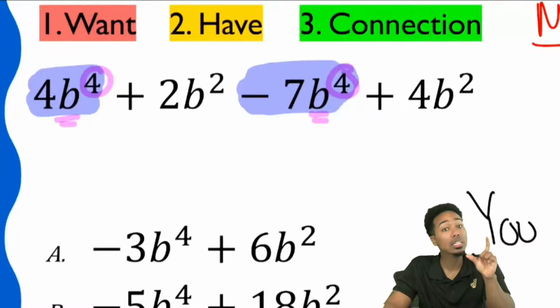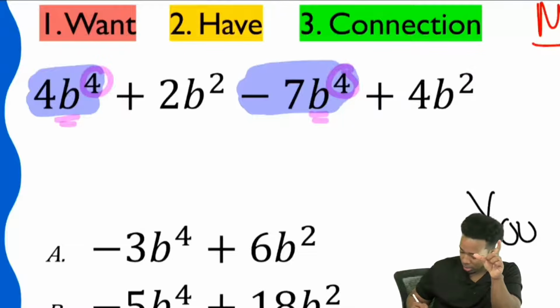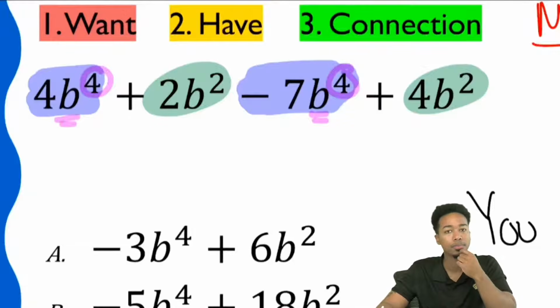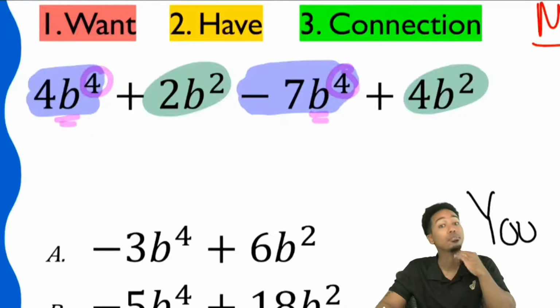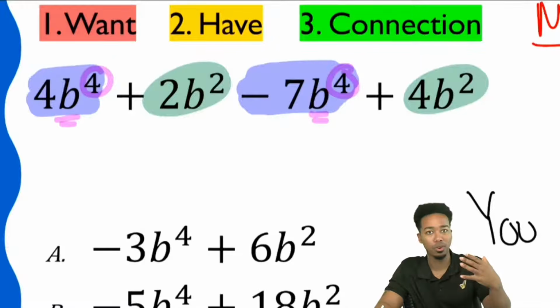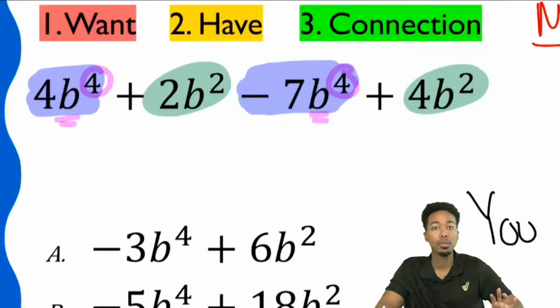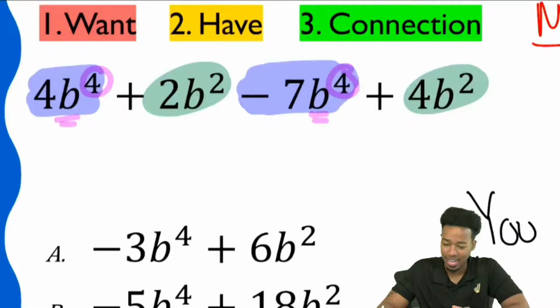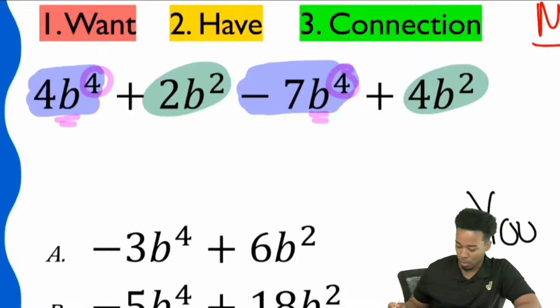Does that make a little more sense now, especially when I highlight these two as being like terms as well? Same letters, b, same exponents, 2. Again, a very straightforward rule, but if you forget that, it could absolutely spell disaster. So with that, let's go ahead and do our job here.